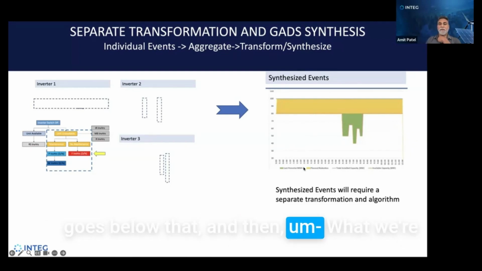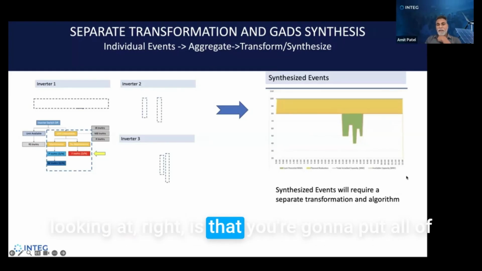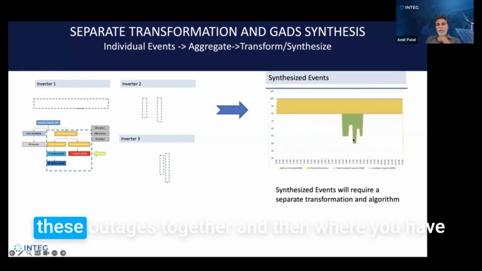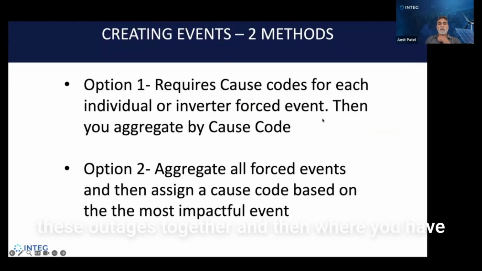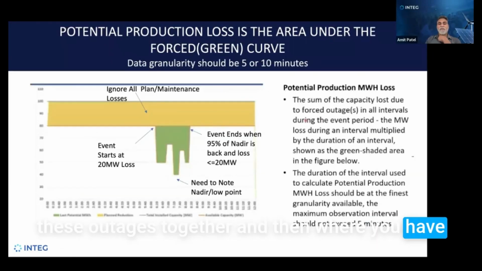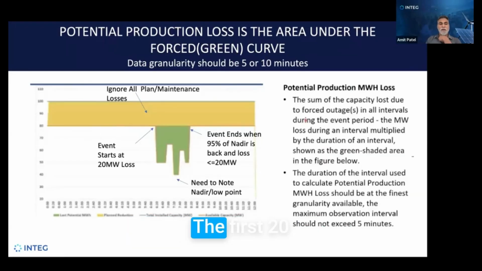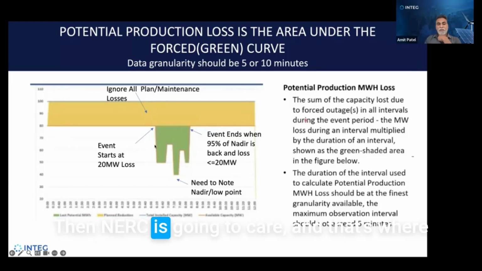And then what we're looking at is that you're going to put all of these outages together, and then where you have the system X amount, the first 20 megawatts or whatnot, then NERC is going to care, and that's where you have to start reporting all of these things.